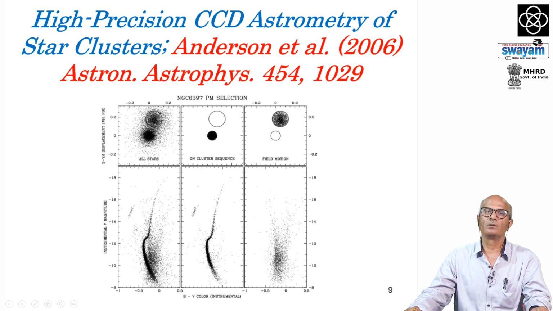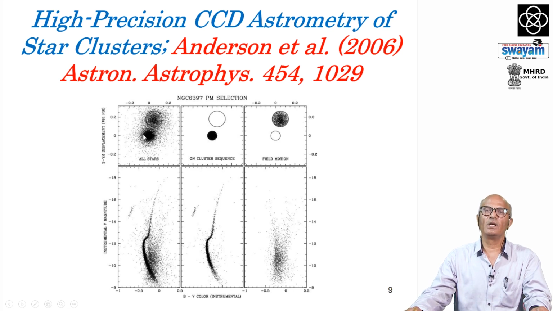The lower part shows the color magnitude diagram of the stars. First, let us see the color magnitude diagram of this portion. We see some well defined sequence, then it is blurred with so many stars, and we do not know which one is a field star and which one is a cluster member. Of course, we expect that the well defined sequence should be the members of the cluster.